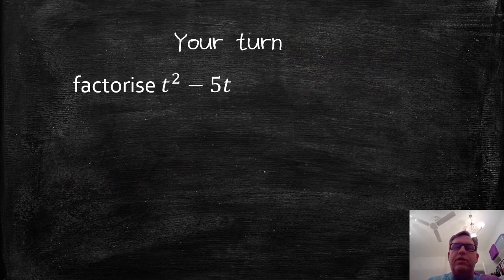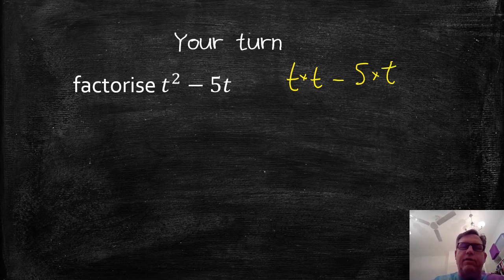Okay, your turn to do this one. Pause the video, go ahead and factorize this, and then restart the video to see how you did. All right, so t squared is t times t, and 5t is 5 times t. So their common factor is a t. So I'm going to divide both of them by the common factor, and I'm going to bring it out in front.